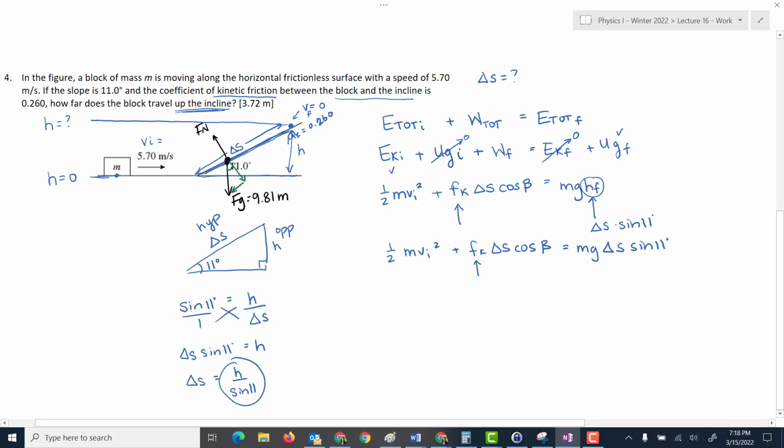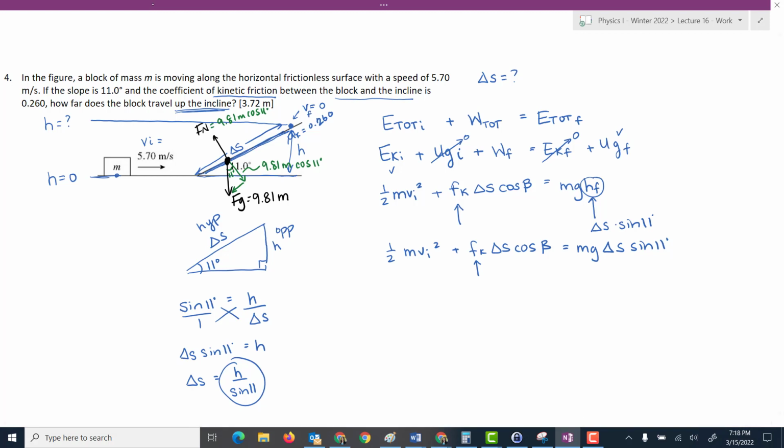So this is 11 degrees here, and so my adjacent side here would be 9.81 m cos of 11 degrees. And that means my normal force is also 9.81 m cos 11 degrees, because those two forces have to be equal but opposite to each other, since the net force in the y direction is equal to 0.